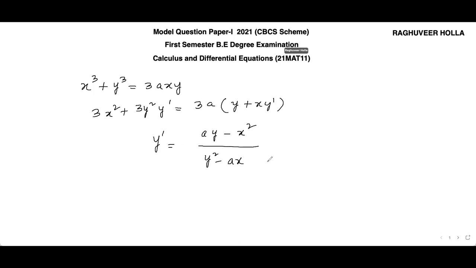Okay, let us once again differentiate with respect to x. Okay, so we get, so let us differentiate with respect to y.